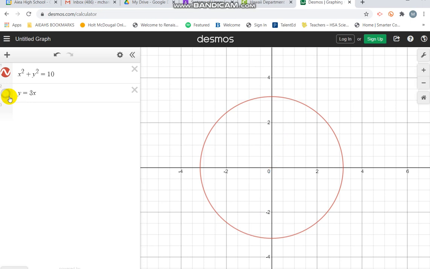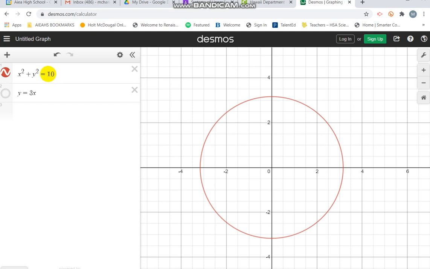Okay, so the equation of a circle that's centered at the origin. The center is at the origin here, which is 0, 0. There's a formula for graphing a circle: x squared plus y squared equals r squared, where r would be the radius.